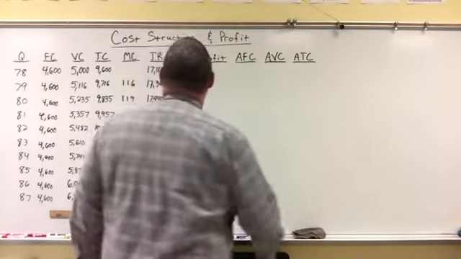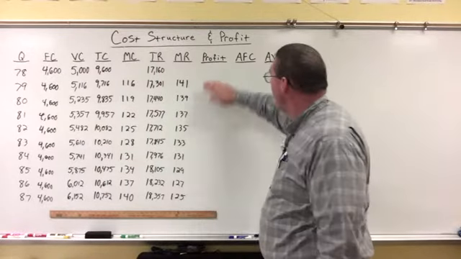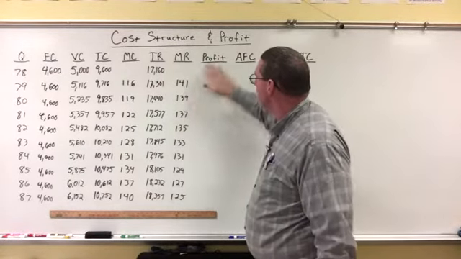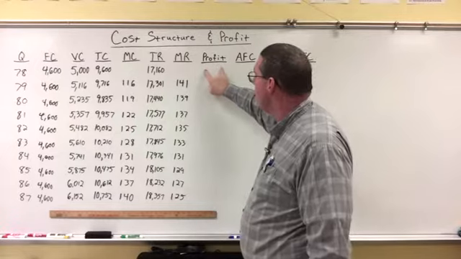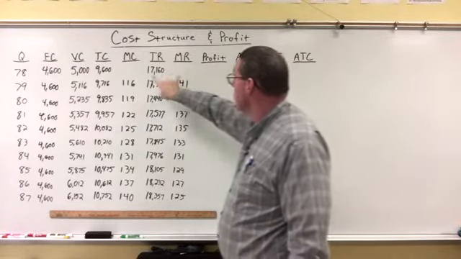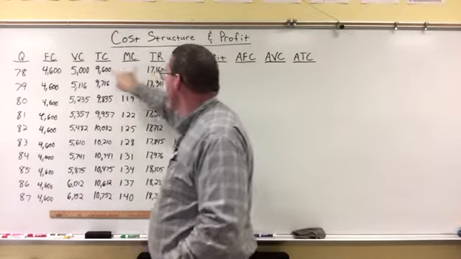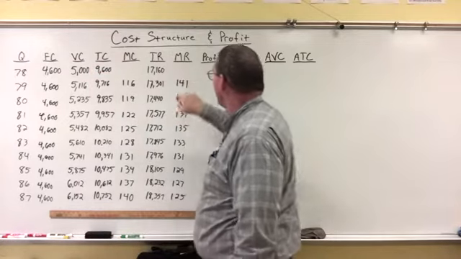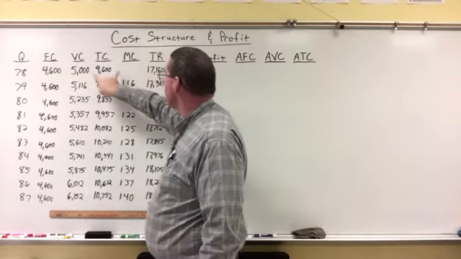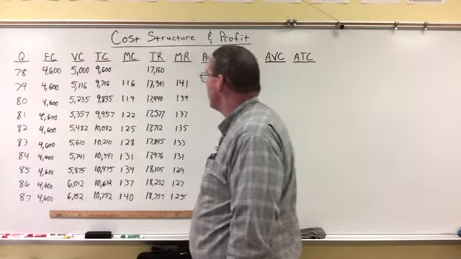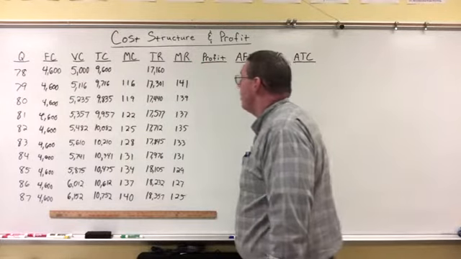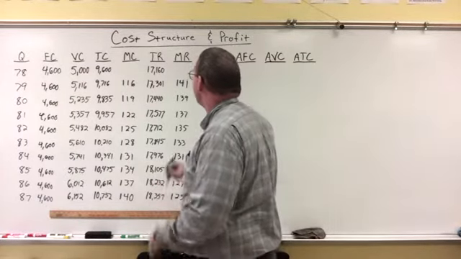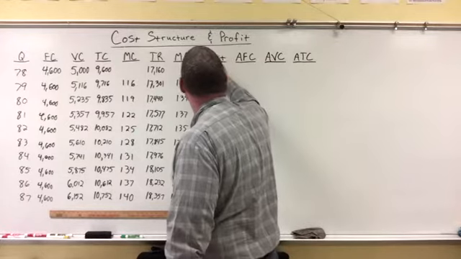And so now that we have that information, now we can fill in, well, we don't need marginal revenue to do profit, but to do profit, remember the profit equation, all we have to do is take total revenue minus total cost. So we're going to take 17,160 and subtract away 9,600. And if we did that, we would have 7,560.